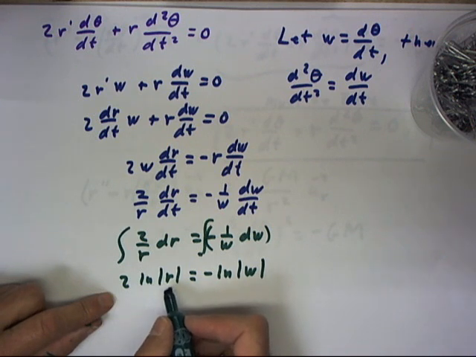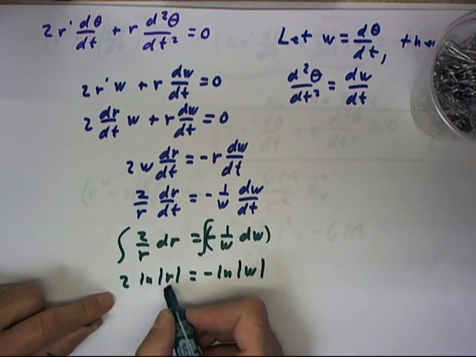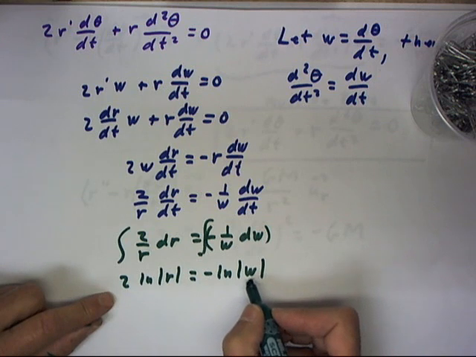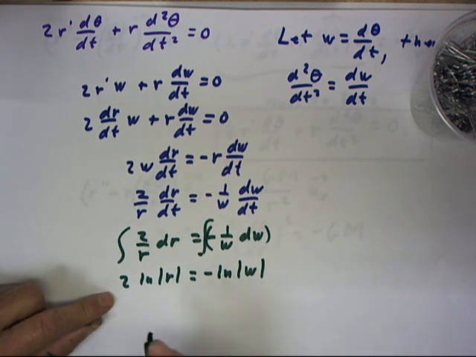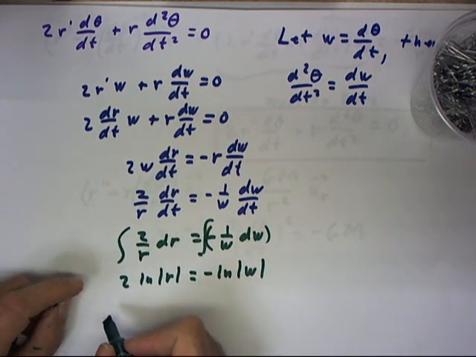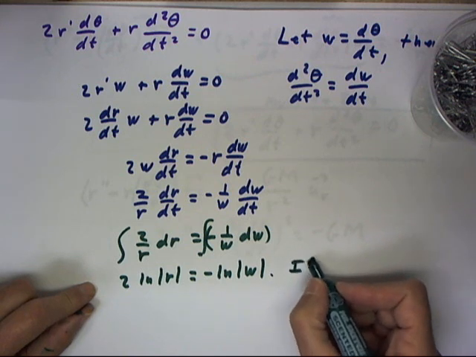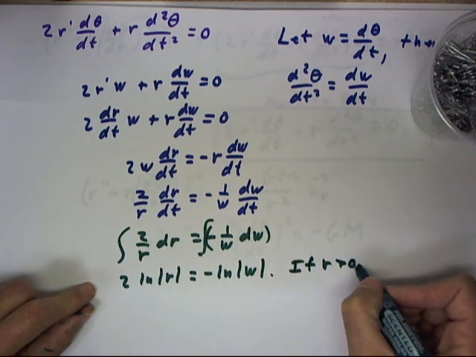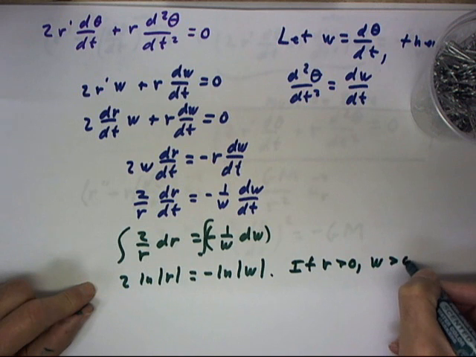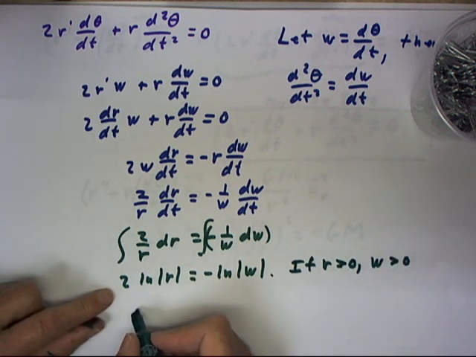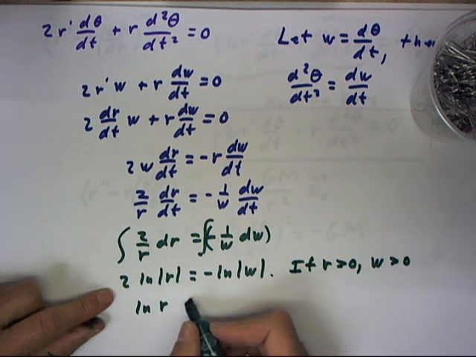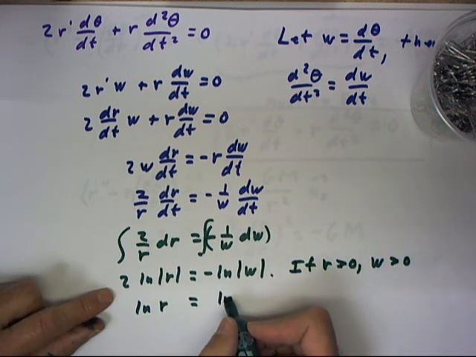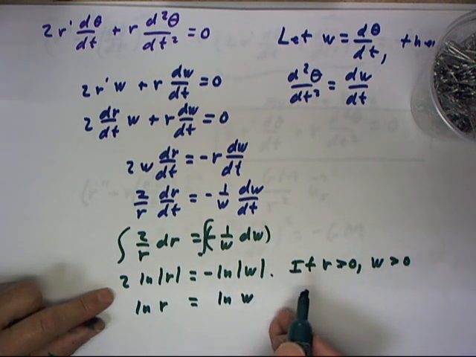So the natural log of the absolute value of r is equal to just natural log of r, and the absolute value sign can go away over here also. So if r is greater than 0 and w is greater than 0, we get the natural log of r on this side and the natural log of w on this side.